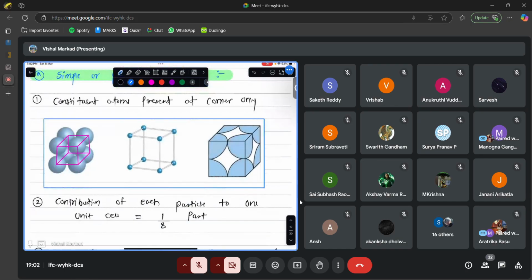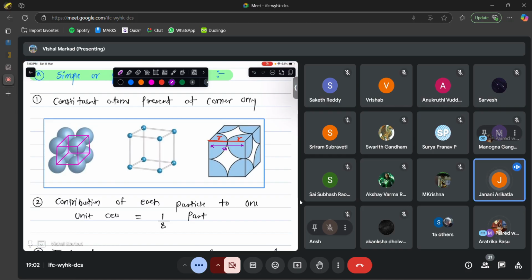This is the radius of the sphere, and this is also the radius, R. The entire length is 2R, which we can also call A. So the relation between A and R is A equal to 2R.